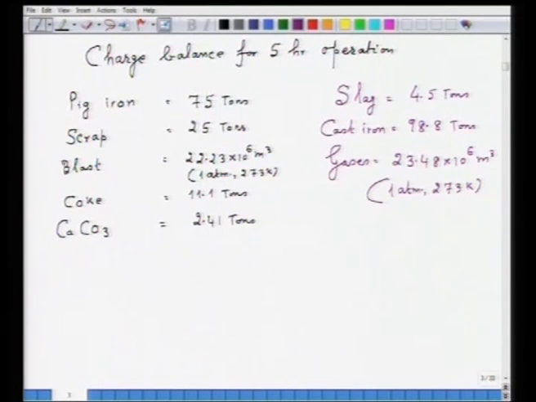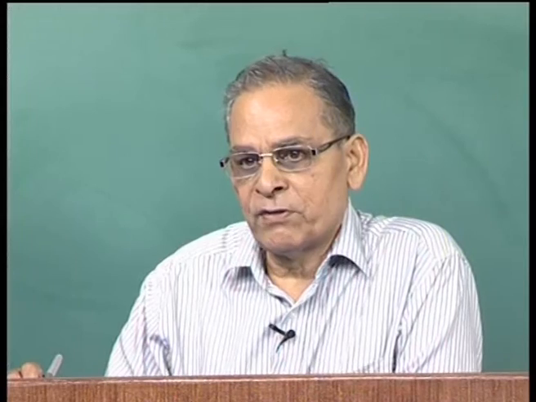Now, it is very important to express pressure and temperature whenever you express the volume of a gas. If you calculate at 298 Kelvin or any other temperature, then this volume will not be the same.